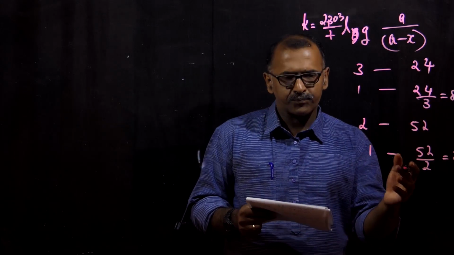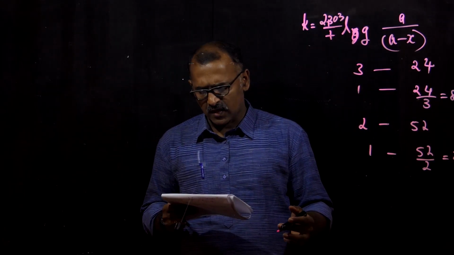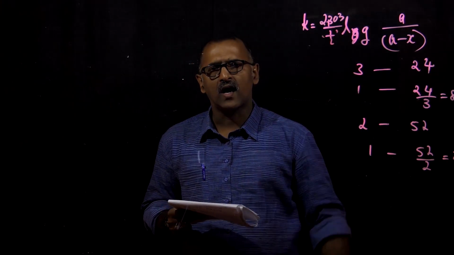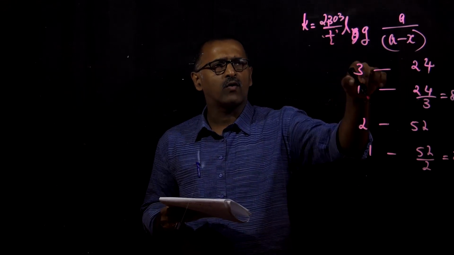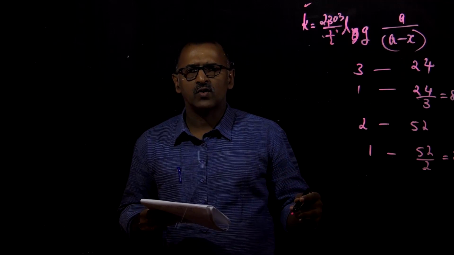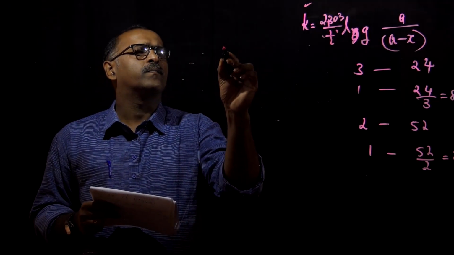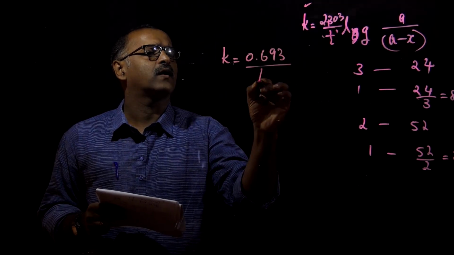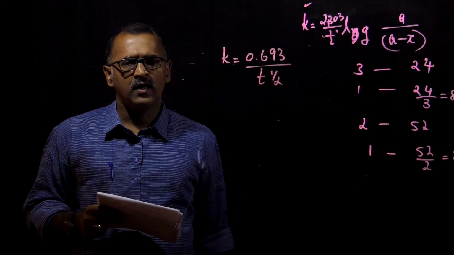Now we have to calculate the time t, which is the unknown factor here, but we also have to calculate k to calculate the t. For a first order reaction, we know k is equal to 0.693 by t half.